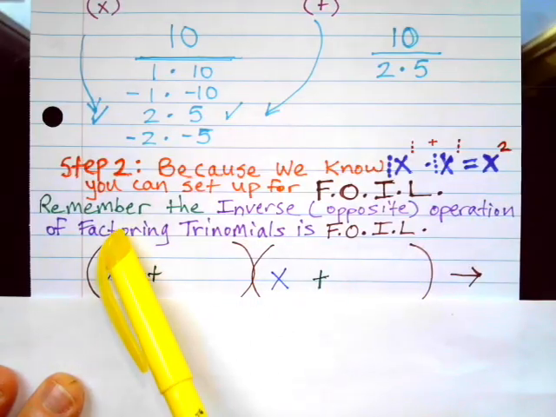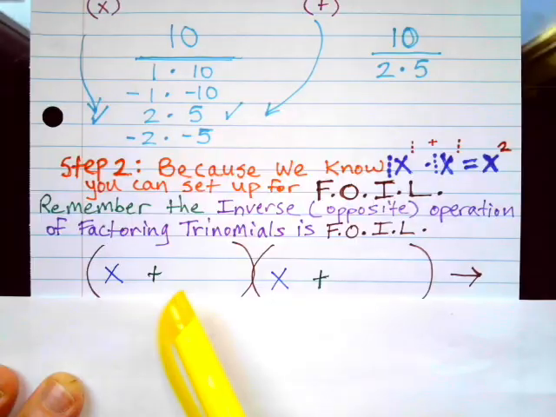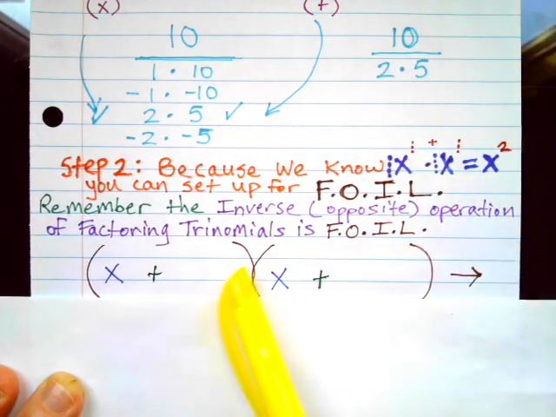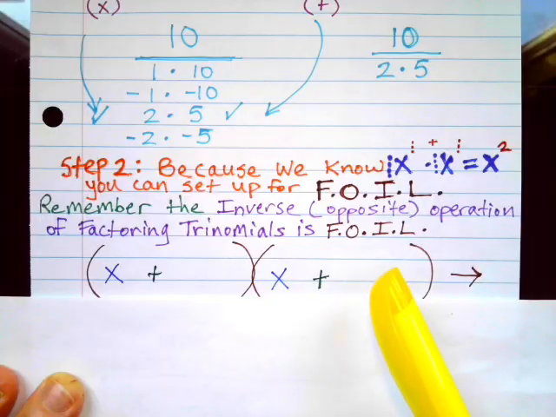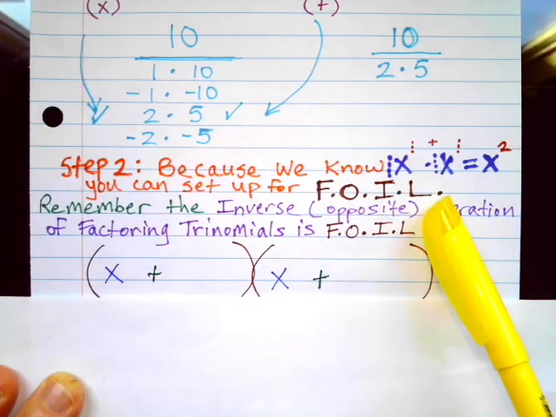And so I can set this up with two sets of parentheses. X times x is going to give me that x squared. Okay, now I needed two numbers that multiply to 10 but add up to a positive 7. We found that. So this is how you're going to set up FOIL.